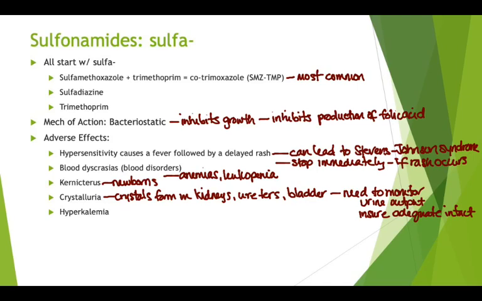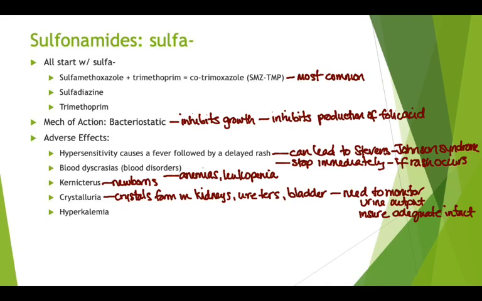Sulfa drugs, adverse effects that you're going to see: hypersensitivity. It does cause a fever, followed by a delayed rash. One of the biggest things with sulfa drugs is that it can lead to Stevens-Johnson syndrome.